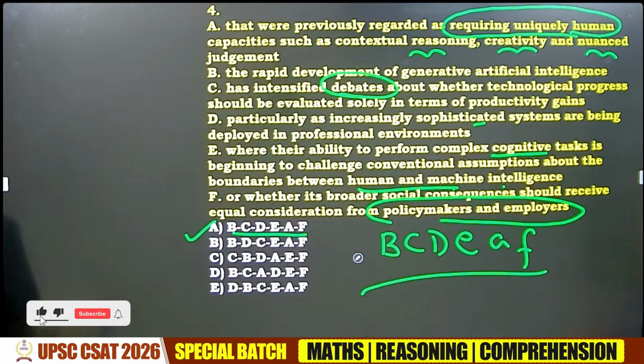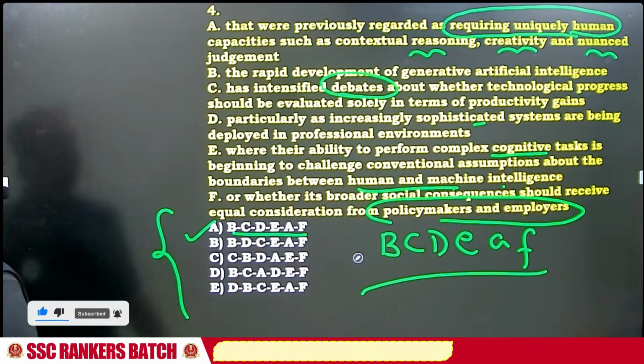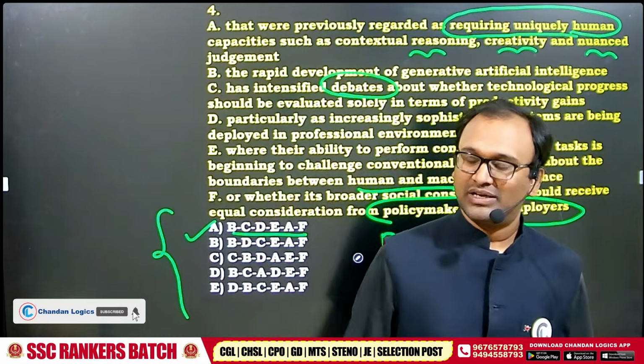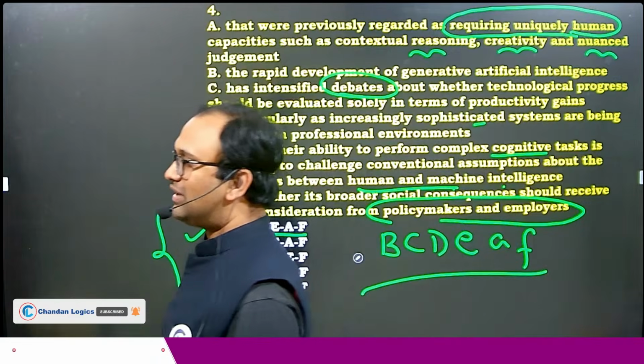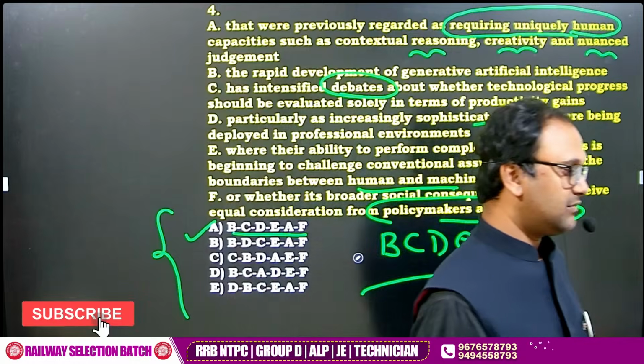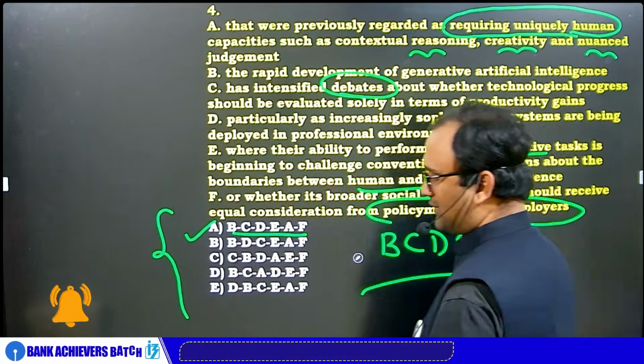In bank exams, you may not get a sequence like this. But ultimately what we do is the same. We sequence them, we arrange them, we understand them, we find the tricks. So our procedure doesn't change much.